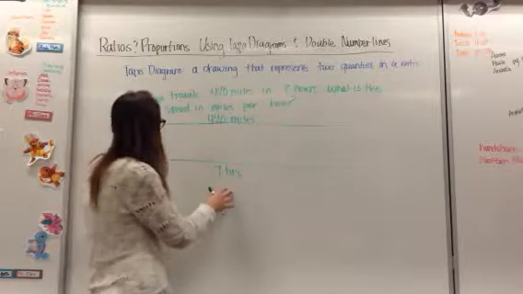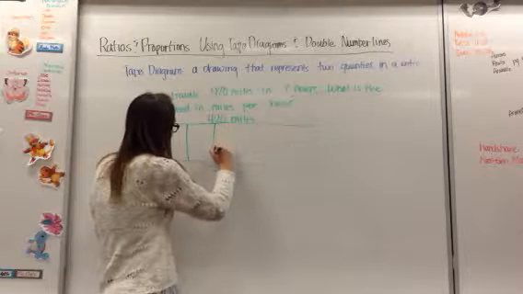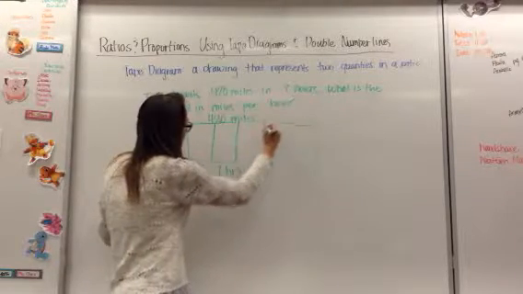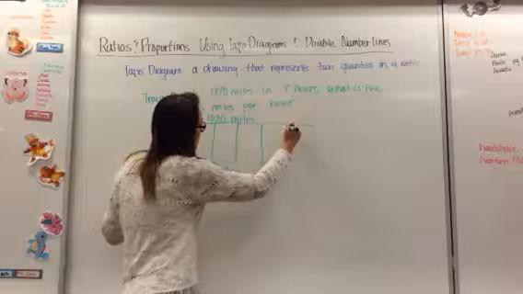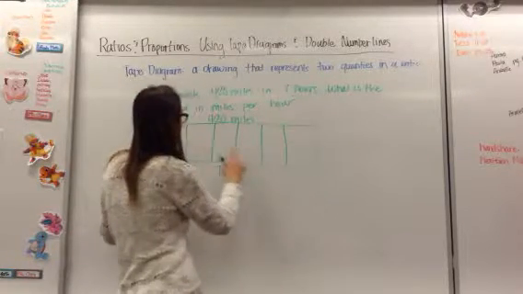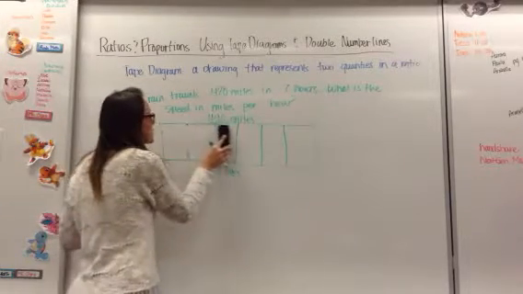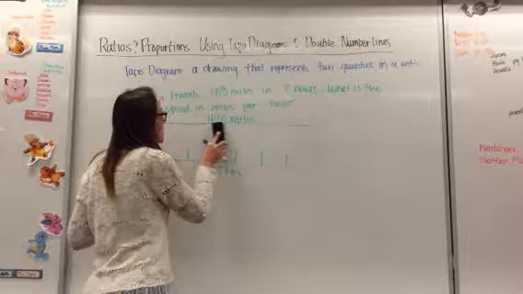So let's divide this by 7. I might want to make my strips a little smaller.